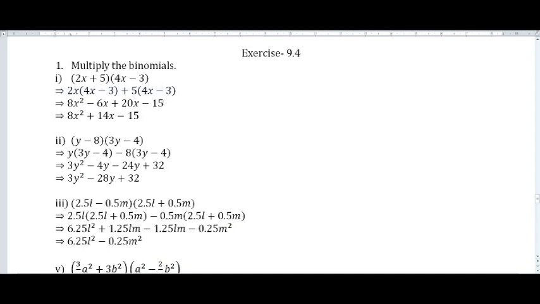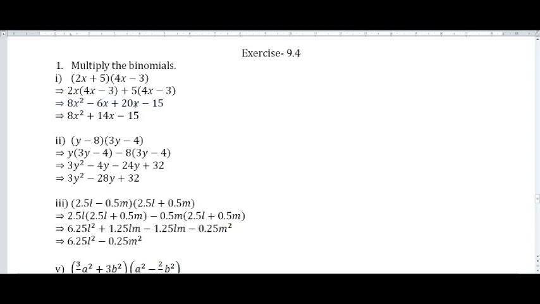So we are going to add or subtract the like terms of these expressions. No other terms have carried x squared with it, so we will write 8x squared as it is here as answer. But here minus 6x is there with plus 20x.